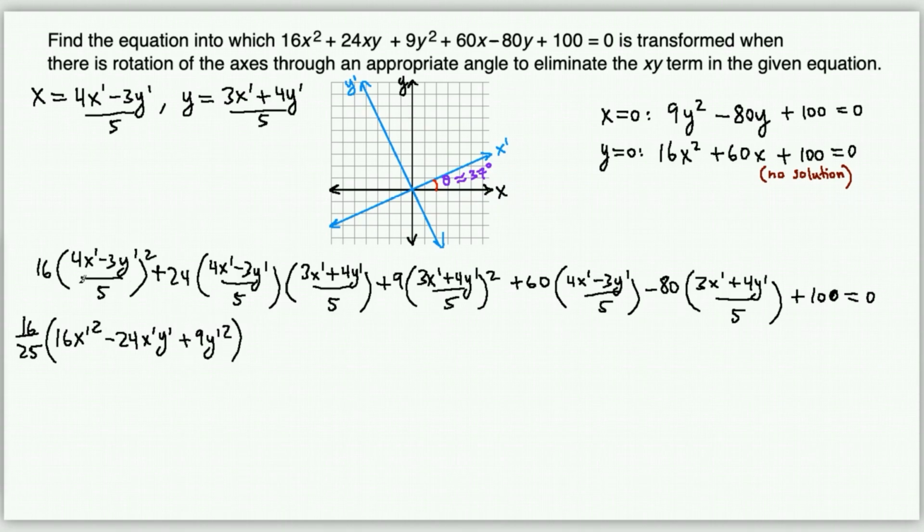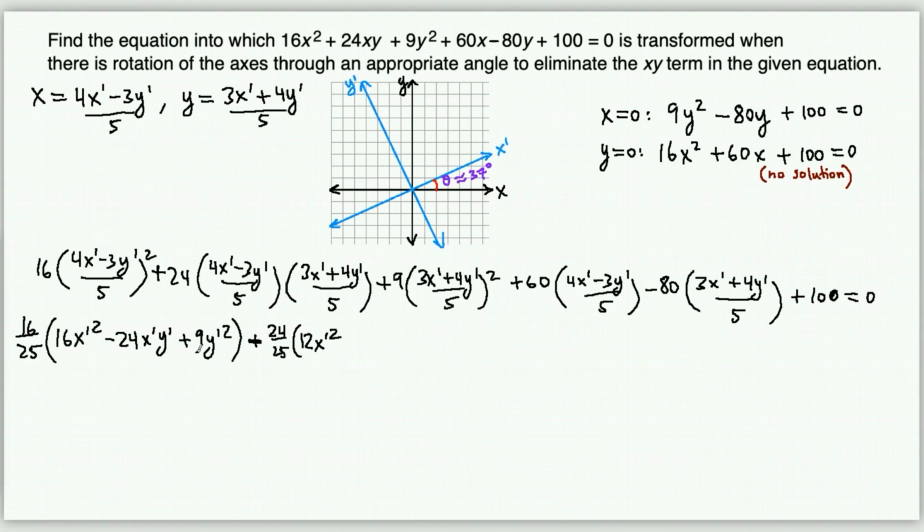So that is instead of this. Plus 24 over 25. Again, I'm taking the 25 out, so I'm going to have here 12x prime squared. Now, I just did the top using the FOIL method.